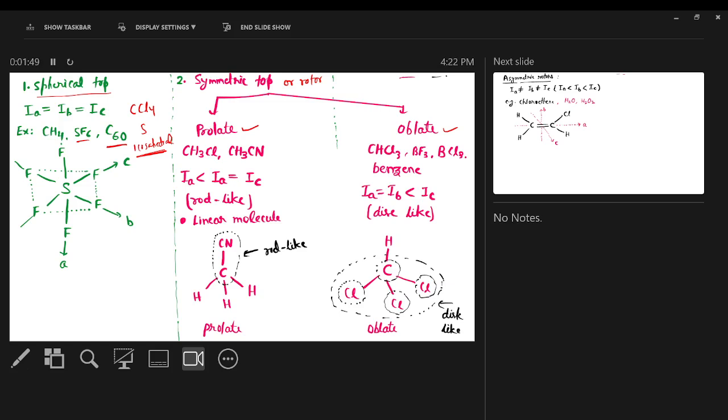So if you see the conditions based on the principal moments of inertia, for prolate, IA will be smaller than IB, which will be equal to IC. For any molecule, this is the condition we saw there: IA will be smaller than or equal to IB, which will be smaller than or equal to IC.